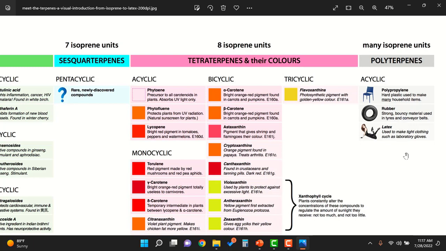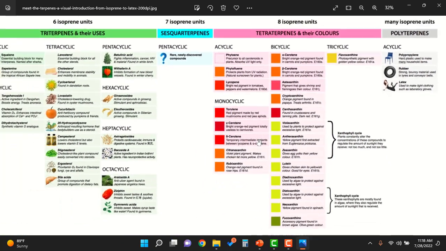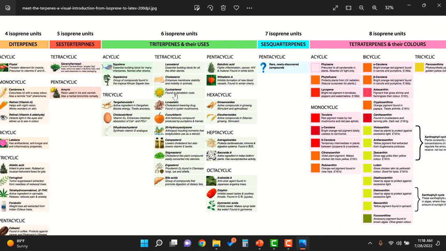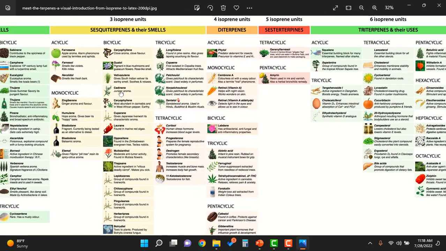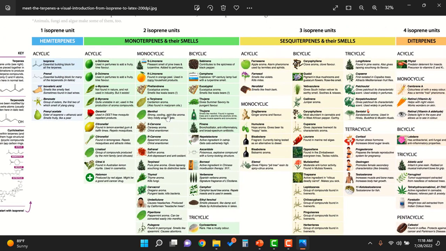Rubber, latex, all comes from plants and technically is considered a terpene. We've got our pigment molecules and coloration. We've got terpenes and smell, of course, that we're all used to, and more. The list goes on and on of terpenes and their uses. Menthol, citral.